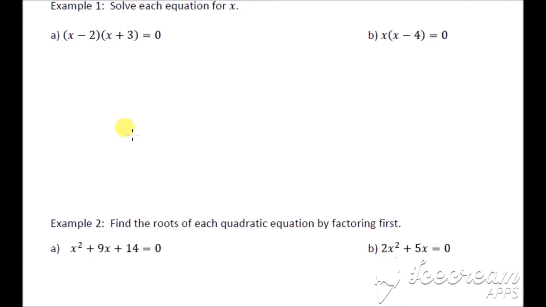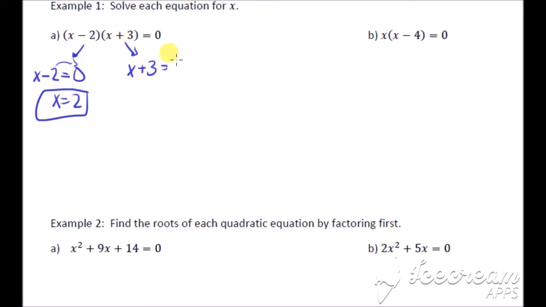All right, example 1, solve each equation for x. So this one's already factored, so we're going to split them up, and we're going to take x minus 2, which is this expression, and equate it to 0. So when we bring this over, we get x equals 2. Now we do the same for this expression here, x plus 3, equals 0, x equals negative 3.